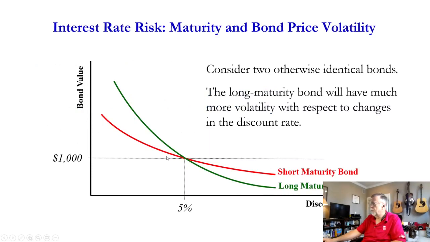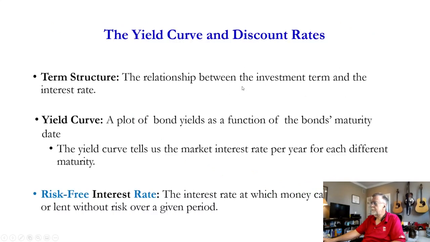The long maturity bond here will have much more volatility to interest rates than the short maturity bond here. It's much more volatile as rates go higher or lower, because the money is locked up for a longer period of time, and therefore the issuer of the bond has to make it more attractive. So this yield curve is something to pay attention to.